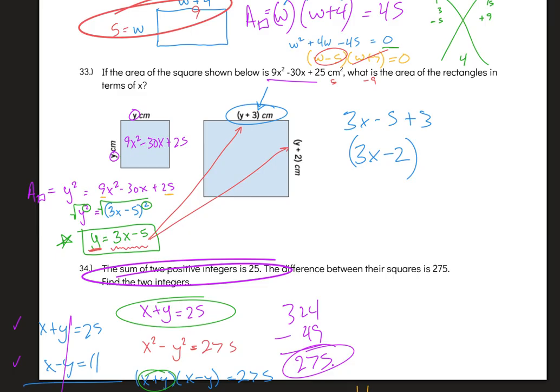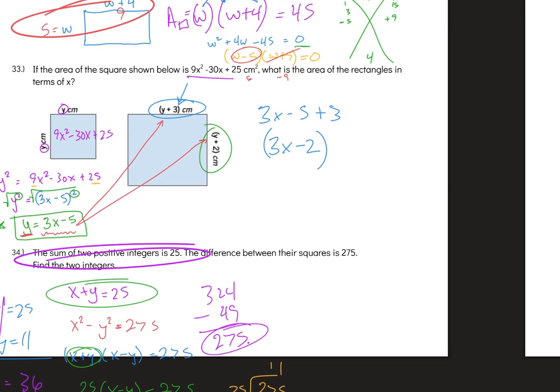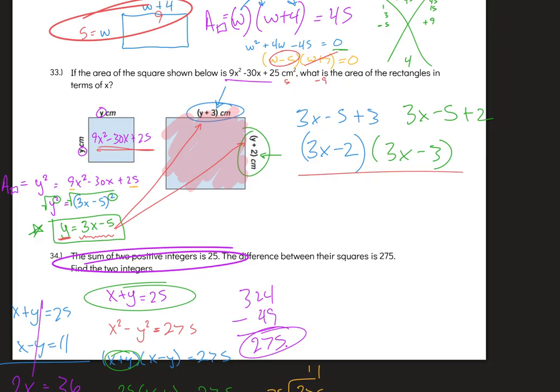And then we'll make this one green. So y plus 2 is 3x minus 5 plus 2. Where did I get the plus 2 from? Right there. And then this becomes 3x minus 3. So the area of, I'm going to call this the red one because now it's red all of a sudden, is this, but we're going to go ahead and distribute it so that it looks like this.